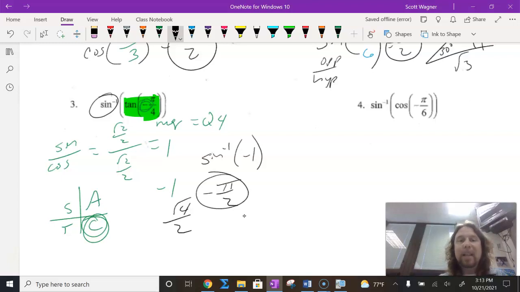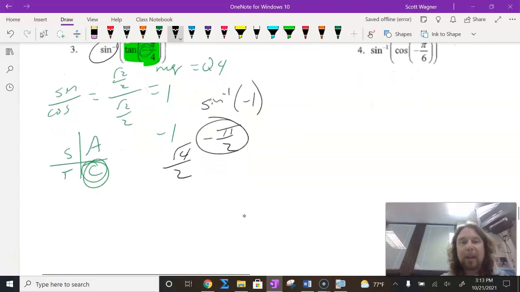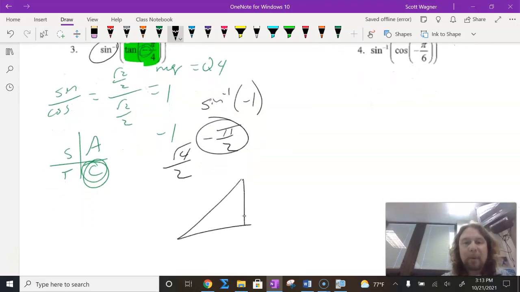If you wanted to see that with the triangle trick to help you out, if that maybe makes a little more sense, I'm going to put my theta down there in the corner. I know sine's got to be the opposite over the hypotenuse. So the opposite side's got to be negative 1, and the hypotenuse has got to be positive 1. If I use the Pythagorean theorem, there's nothing left over right here, so that's got to be a 0.